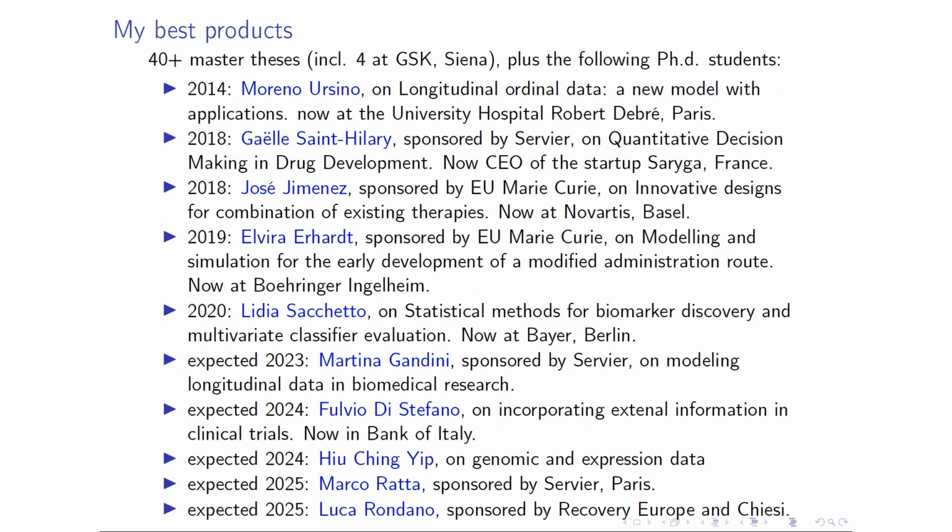I think it's always good to have an industrial sector that can absorb your students. It's very good also for young people because it gives them two possibilities: either you choose one or the other, but you can always keep a second choice as an escape in case things don't work. It's always good to have options. So Gael started a consulting startup.